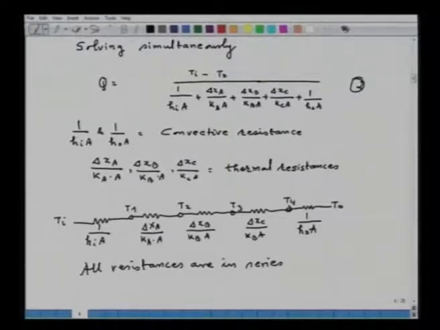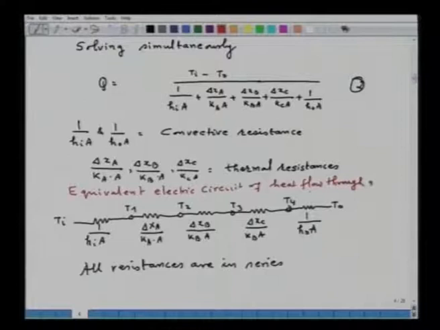So, this particular representation can be considered as an equivalent electrical circuit of heat flow through a composite wall. Now all the resistances can be added up and one can obtain Q, that is the heat flow.